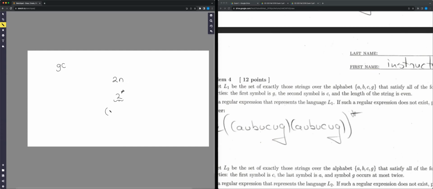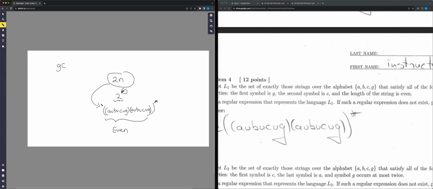Well, this is just A or B or C or G, A or B or C or G. Putting a star around this, therefore this is always even. Does it make sense how I went from this to this?